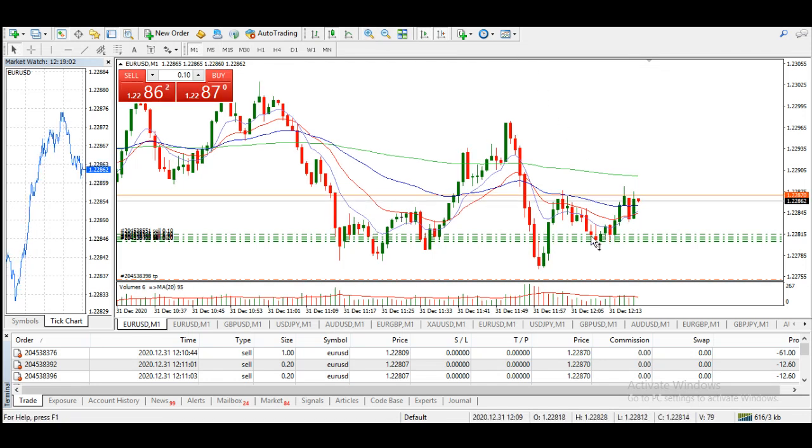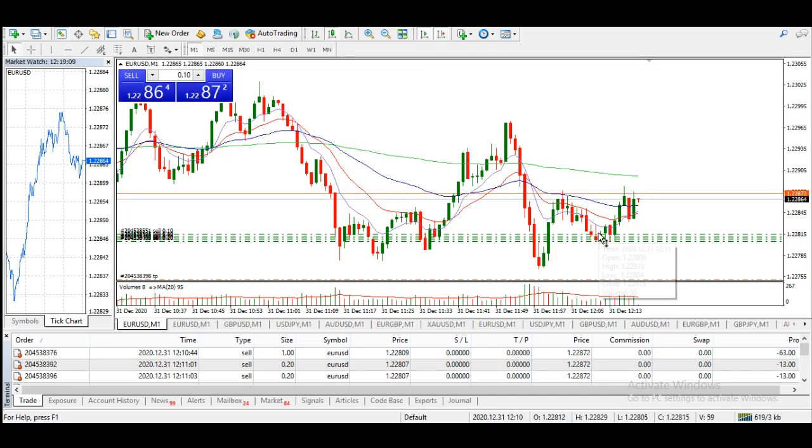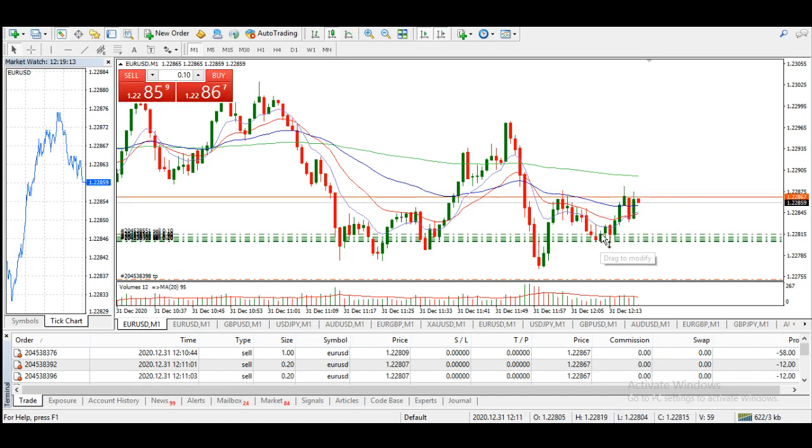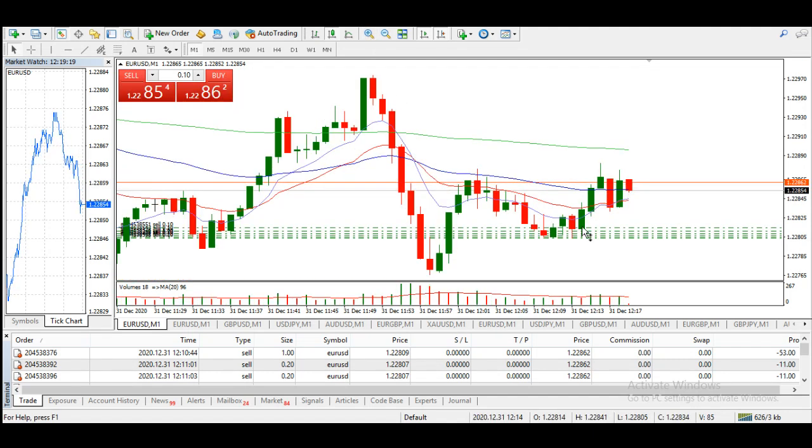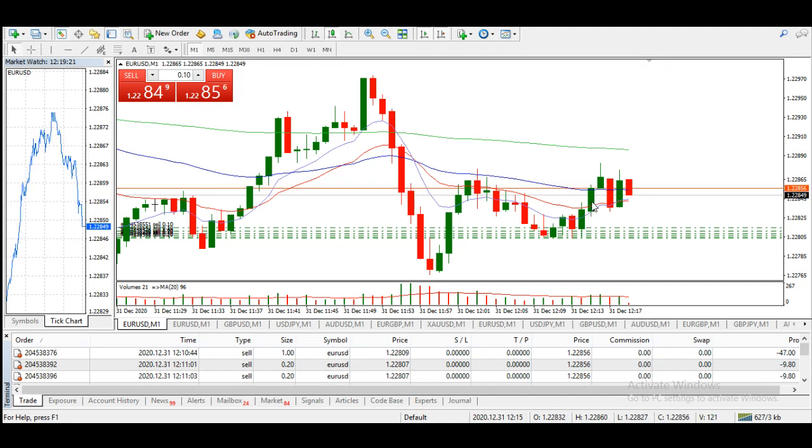Okay, but as said earlier, buyers here tried not just to retrace, buyers tried to reverse the trend, to take it upward, to make it an uptrend, but was not able to reverse it. Buyers here tried to reverse the trend. Why? Because we have seen big green candles.